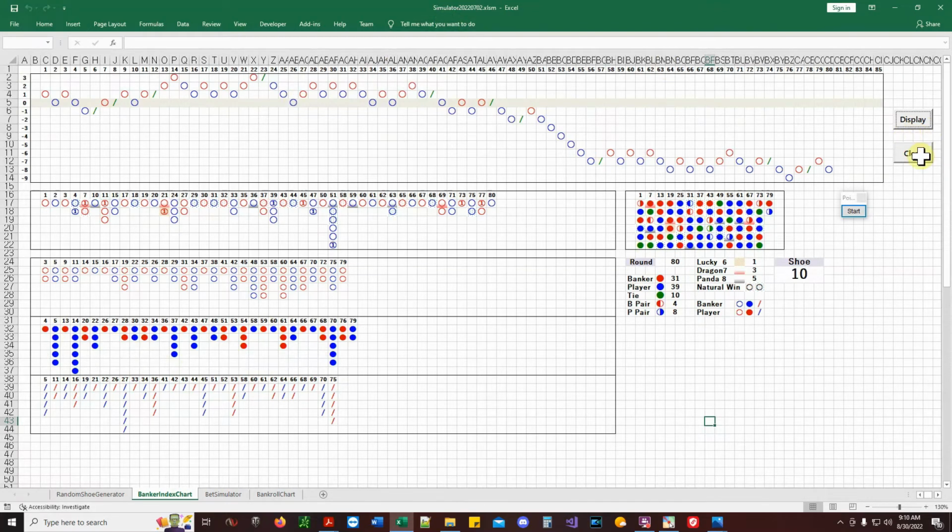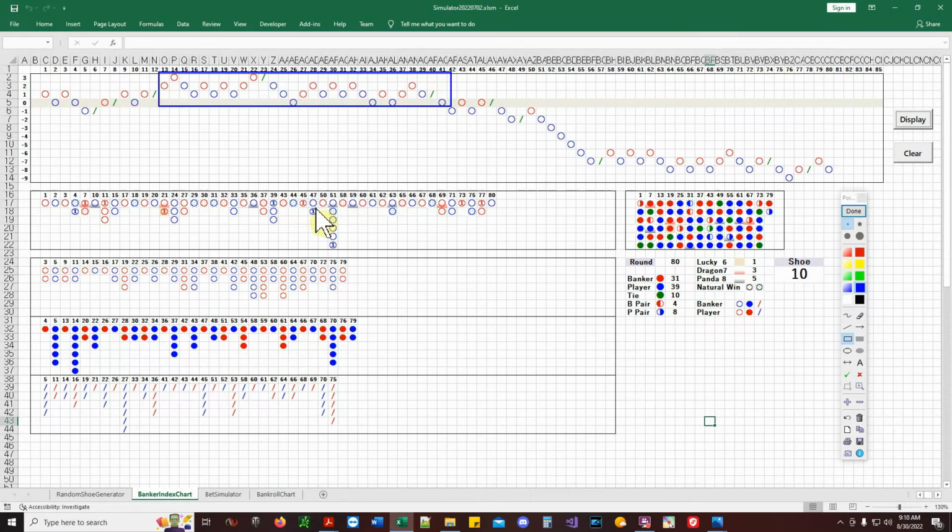Okay. Here's a tight range. Here's a tight range. Tight range. We're on the player side. Or on the banker side. Because we're on the banker side, you are only looking to bet a banker.